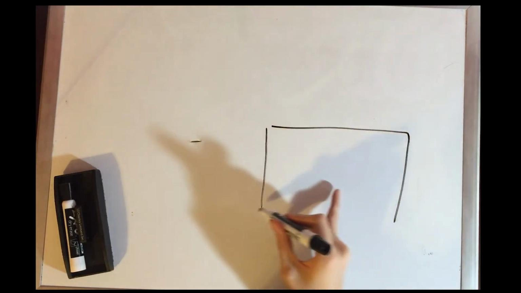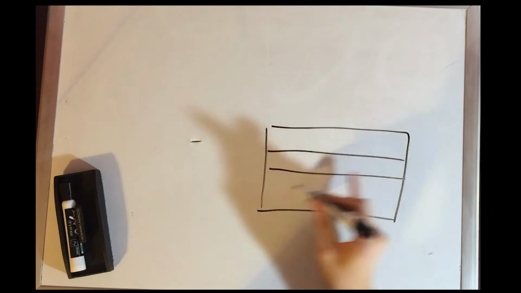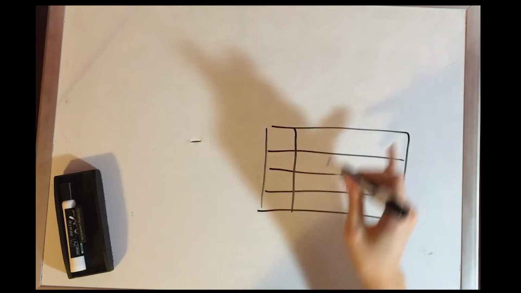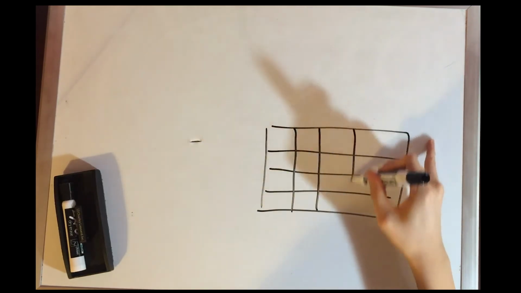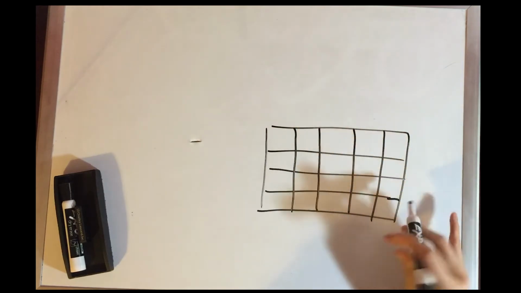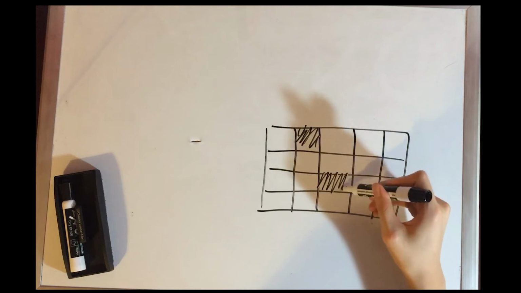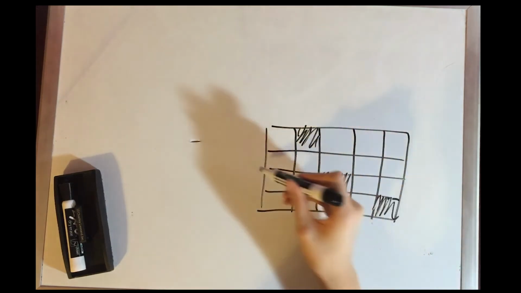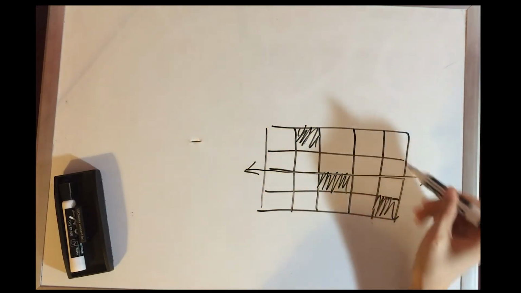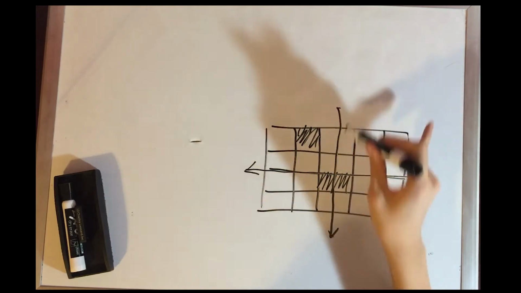So I'll draw the figure again, and I'll shade in the boxes that they've already shaded in, which is this one, and this one. And I'll draw the lines of symmetry that we need to have in our figure.